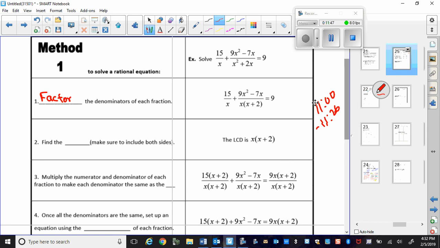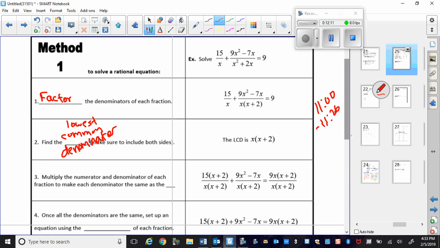And there's a reason why, all right? We're looking to find the lowest common denominator, also called the lowest common multiple. So something that makes both denominators the same.